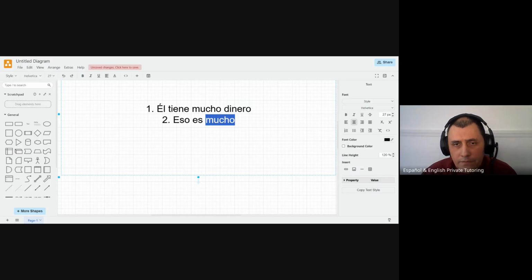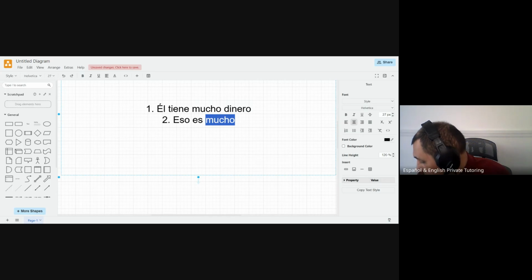This is an indefinite pronoun. There's a difference between saying in English a lot of versus a lot. A lot is not an adjective. It is an indefinite pronoun, which is replacing something. And the second one, that is a lot, is referring to something that is not explained in the sentence or is replacing something that is a person or animal.